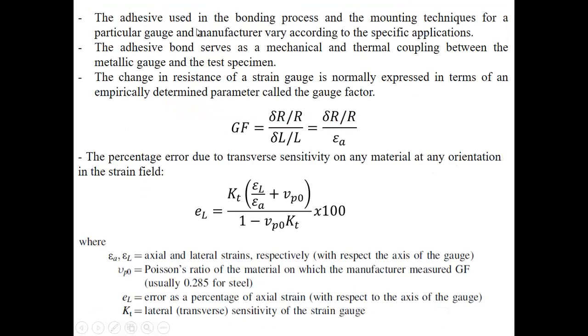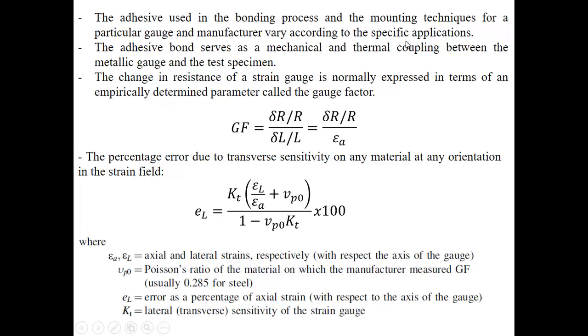The adhesive used in the bonding process and the mounting technique for a particular gauge and manufacturer vary according to the specific application. So we need to use a specific adhesive to get the bonding between our strain gauge and the surface of the structure or component.